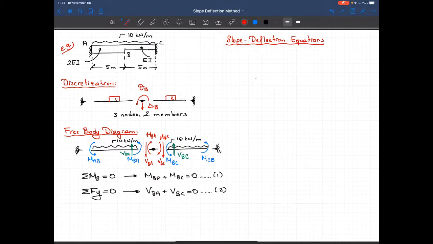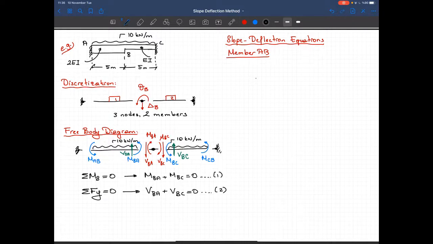Let's start from member AB or member 1. Now remember that our slope deflection equation has a chord rotation and member rotations. And again, in our derivation, we assume that the chord rotation is in the counterclockwise direction.